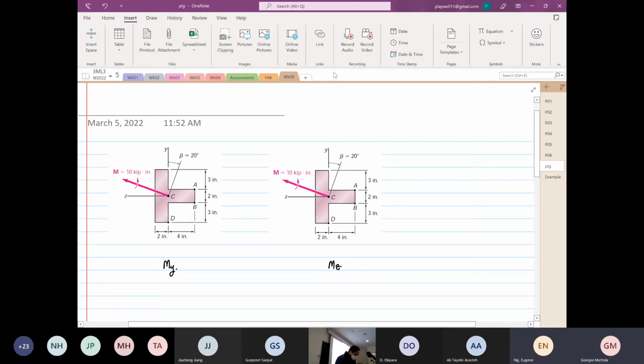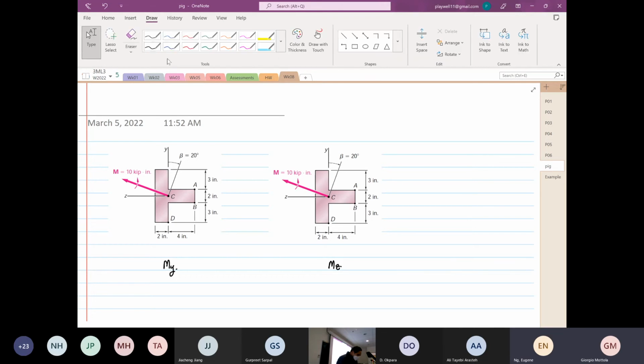Okay. So for MY, we know where the centroid is now. So this is our centroid. And we are aware that we have a MY in this direction acting on the centroid. So this is our MY.